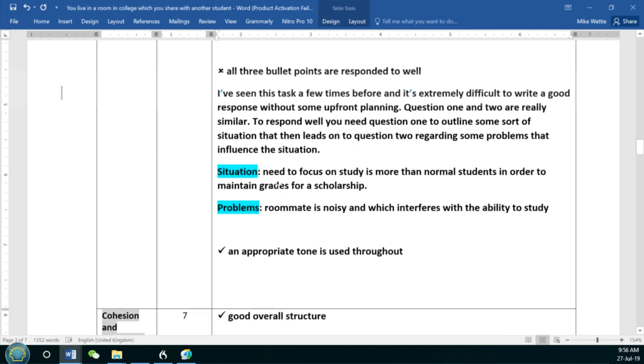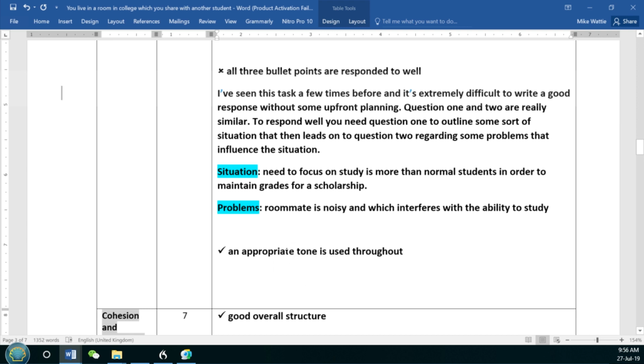And I outlined that we want a clear distinction between the situation, maybe the need to focus on study and some sort of reason why you need to study more than most people, and then I've given the reason of needing grades for a scholarship, and then on to sort of the problem, that's sort of what's causing difficulty for this situation. And we've got the noisy roommate idea here.